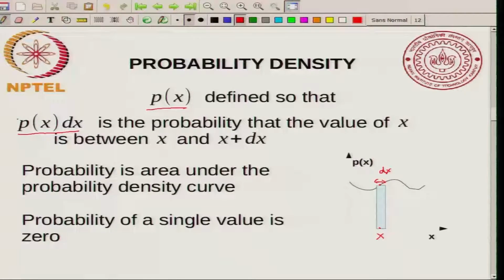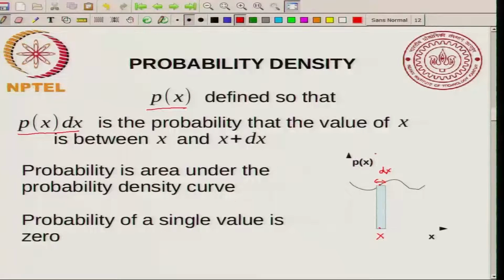So, p of x itself is not a probability, but p of x multiplied by dx gives you a probability, and this is how we define the probability density. So, p of x is defined such that p of x multiplied by dx is the probability that the value of x is between x and x plus dx. Okay, so you can think of probability as the area under the probability density curve.